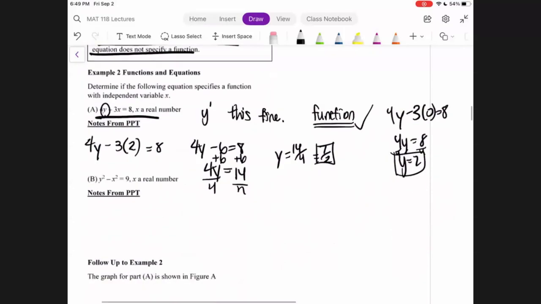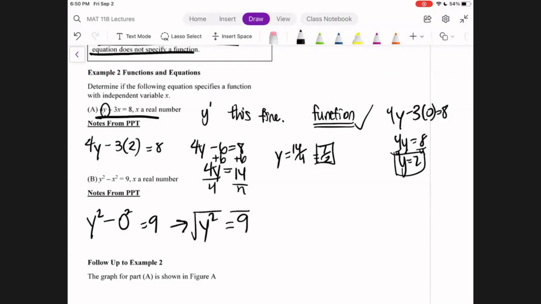But if I look at this next one and plug in 0, minus 0 squared equals 9, so y squared equals 9. If I take the square root, y squared equals plus or minus the square root of 9, which means y would equal plus or minus 3.